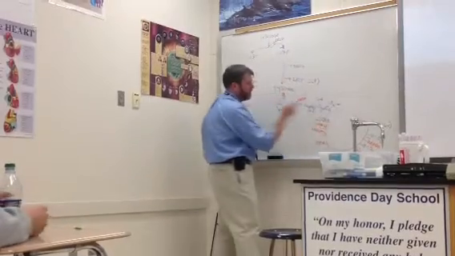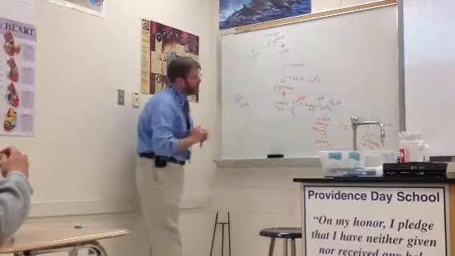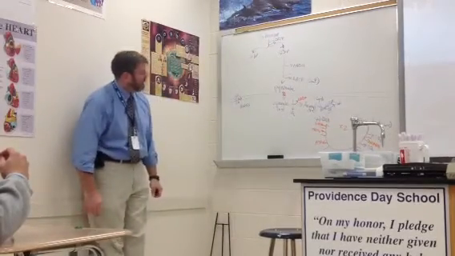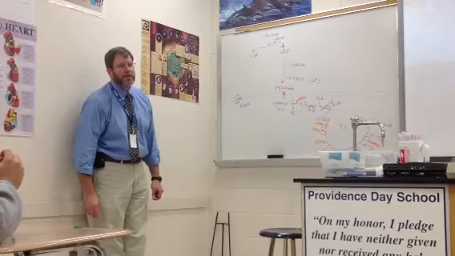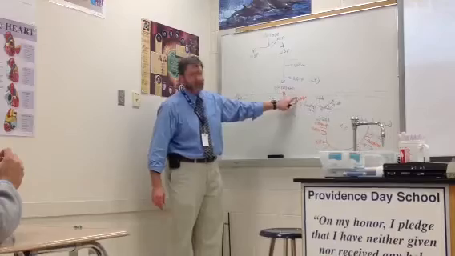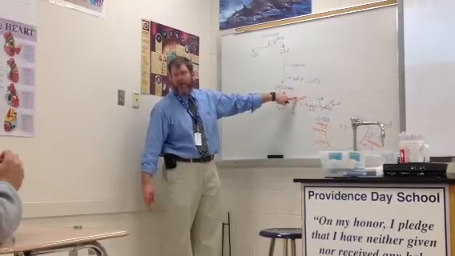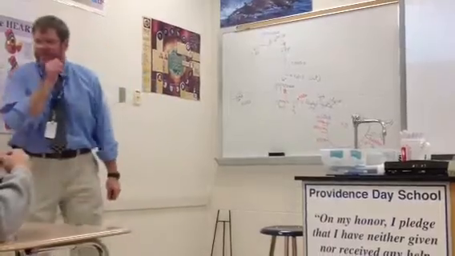How many times do we run the Krebs cycle? Twice. So for every run of the Krebs cycle, how many NADHs do we get? 3 plus 1, 2, 4, 5, times 2 is 10 NADHs.